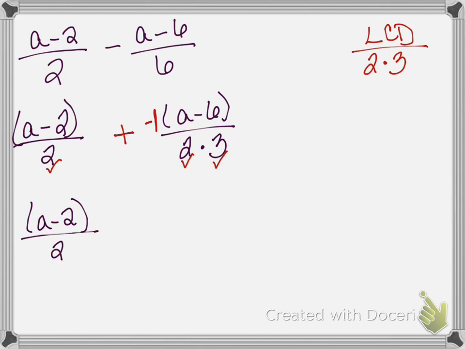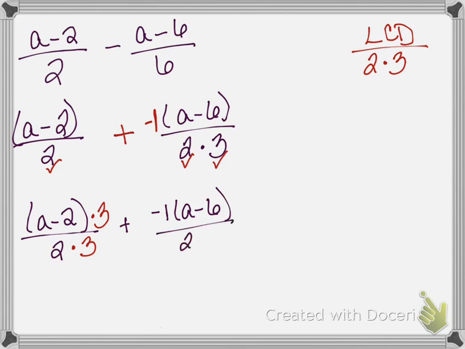What am I missing from my LCD? 3. So I've got to multiply my denominator by 3 and my numerator. What am I going to have to do with that 3 in the numerator? Yes, good job. Then I have plus negative 1 times a minus 6.